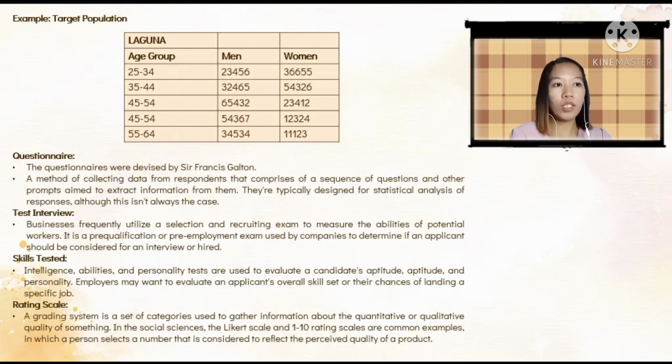Questionnaire. The questionnaire, devised by Sir Francis Galton, is a method of collecting data from respondents that comprises a sequence of questions and other prompts aimed to extract information from them. They are typically designed for statistical analysis of responses, although this isn't always the case.